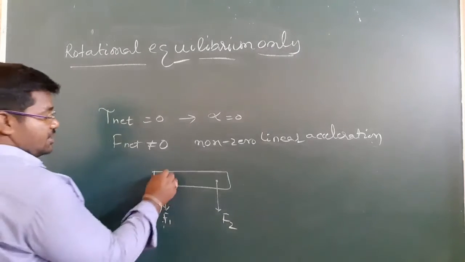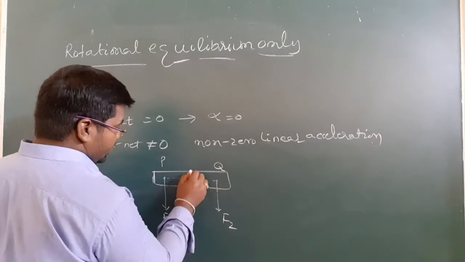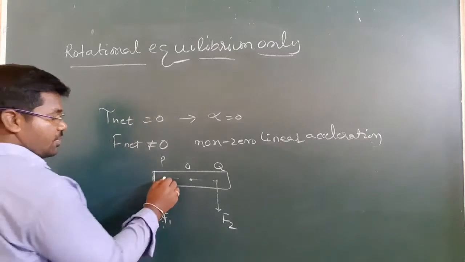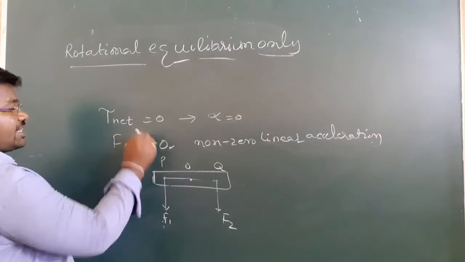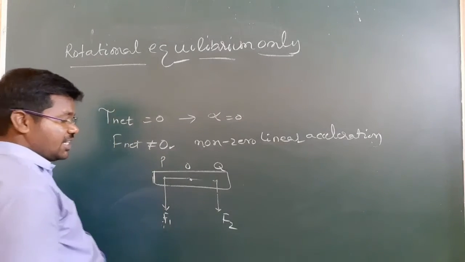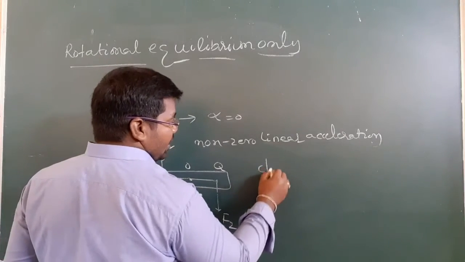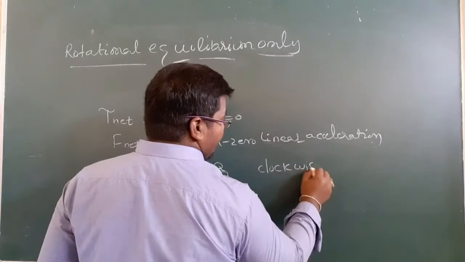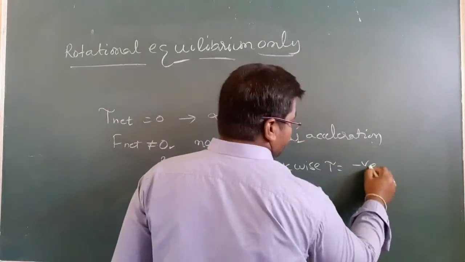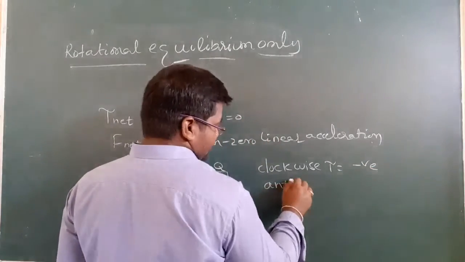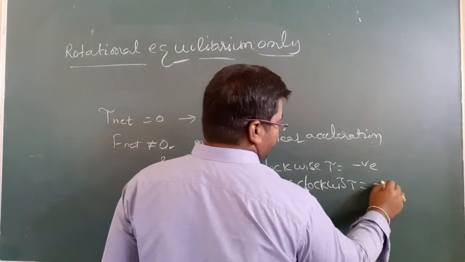See here P and Q. In this case consider a center, denoted O. Net force is not equal to 0, but net torque is 0. Understand, my children? Net torque acting on the body is 0 because clockwise torque is negative and anti-clockwise torque is positive.